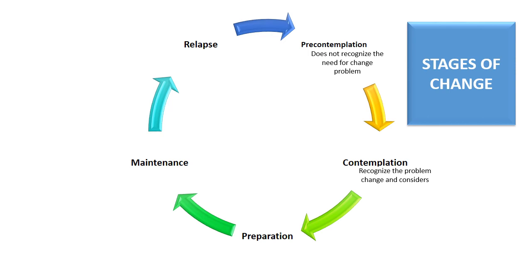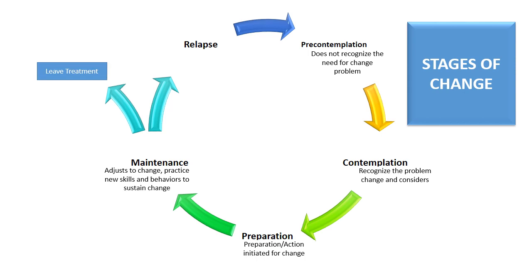When it is maintained or not maintained, it has an influence on relapse. If the individual is unable to maintain, the individual moves to relapse, and relapse is basically that the individual tends to leave the treatment or reverts back to the previous behavior.